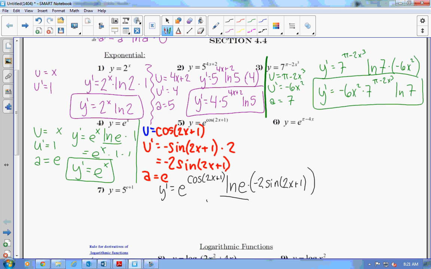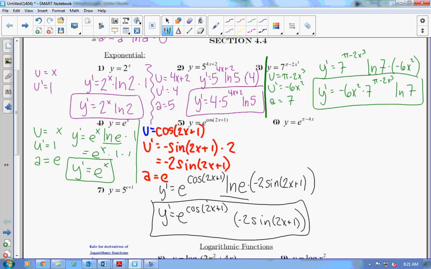So times by 1 doesn't do anything, so we can take it out. e to the cosine 2x plus 1 times negative 2 sine of 2x. Some people put the e first, other people put this negative 2 sine of 2x first. We can multiply in any order with the commutative property. So there you go.